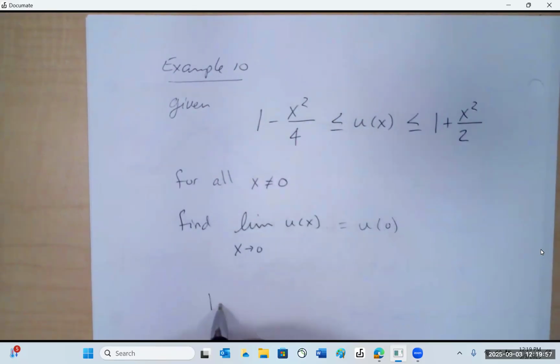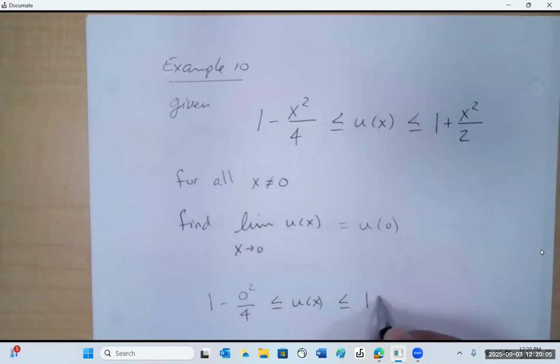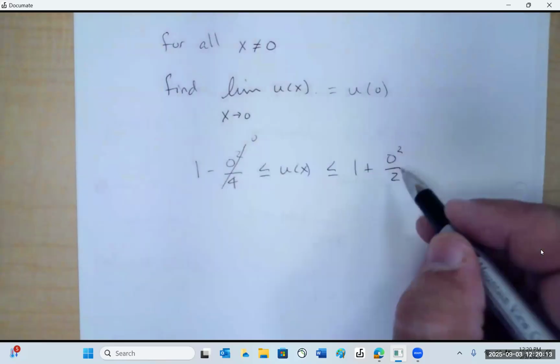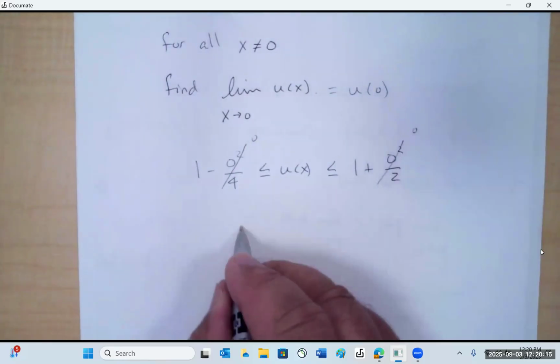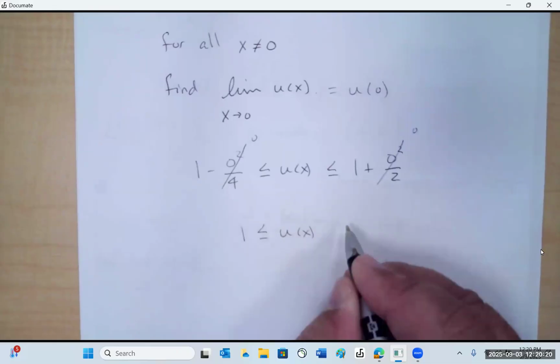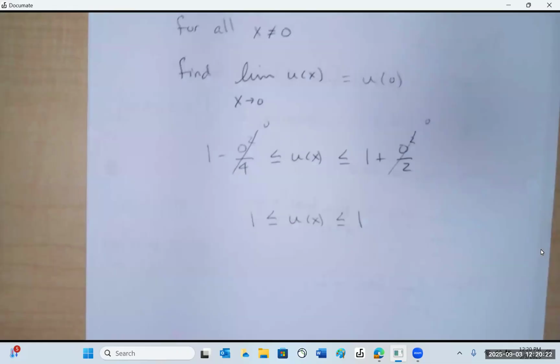So we have 1 minus 0 squared over 4 is less than u of x is less than or equal to 1 plus 0 squared over 2. That equals 0. So 1 is less than or equal to u of x is less than or equal to 1.